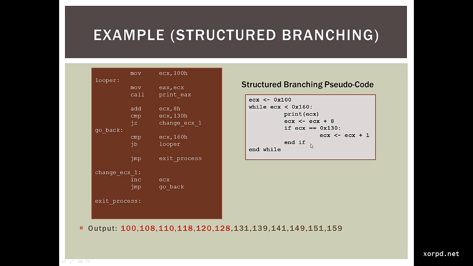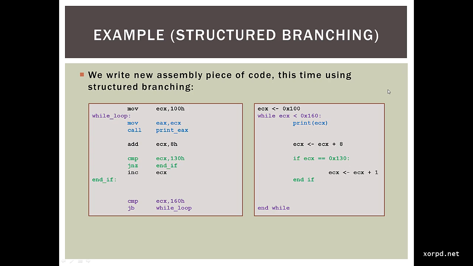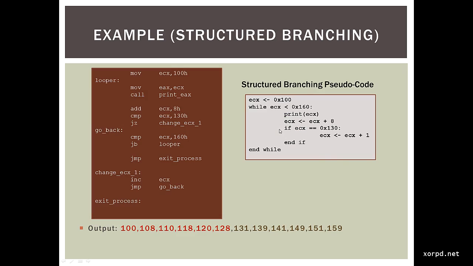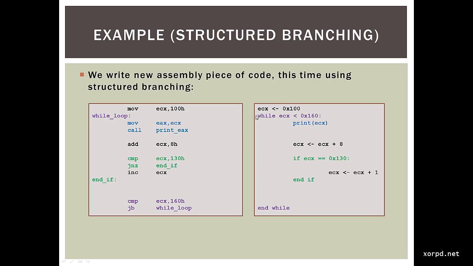Now let's try to understand how to translate this code into assembly. I want to remind you that this part on the right is exactly the pseudocode that we have just discussed. Take a look again. You see this part is exactly this code.